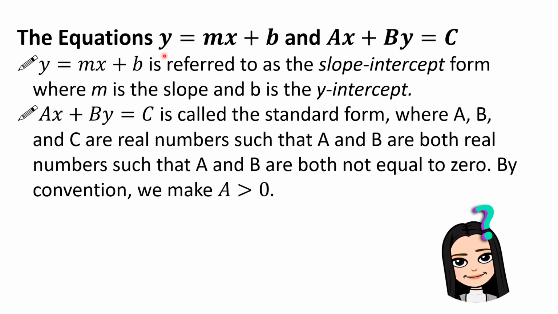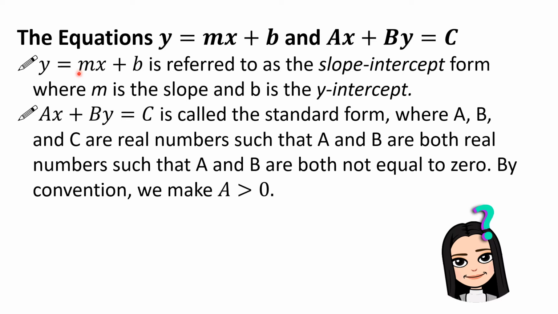Okay, the equations y equals mx plus b and ax plus by equals c. Y equals mx plus b is referred to as the slope-intercept form, where m is the slope and b is the y-intercept. So again, kung makita ninyo ang format ng ating equation, y equals mx plus b, ginatawag siya nga slope-intercept form.